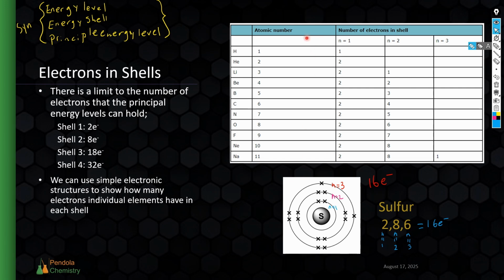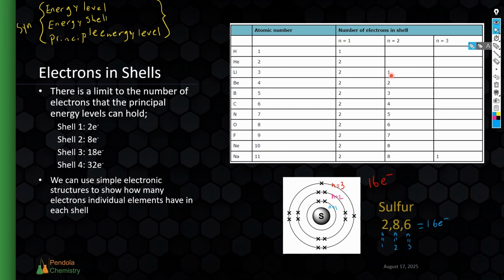And here you can see, in general, the first 11 elements, hydrogen, helium, all the way to sodium. The atomic number, which for a neutral atom will be the same as the number of electrons, and then how many electrons each one of the energy levels has. So you can see until one energy level is full, we don't move up to the next one at first.